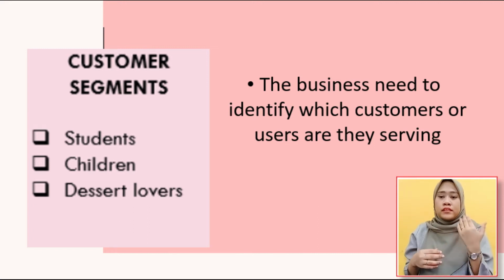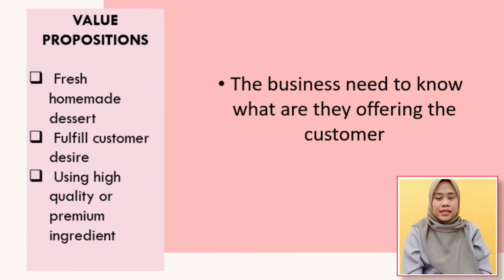Therefore, they will be part of the customer segment since dessert is one of the sweet foods that may attract their attention. Next, the second element that a business needs to focus on in the business model canvas is value proposition.